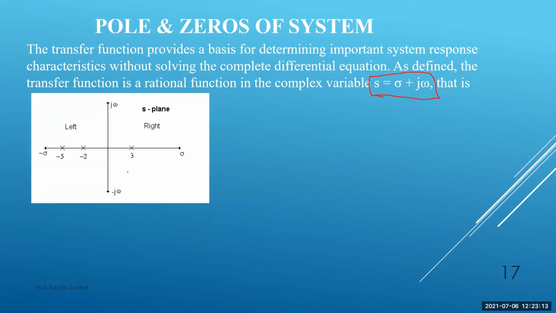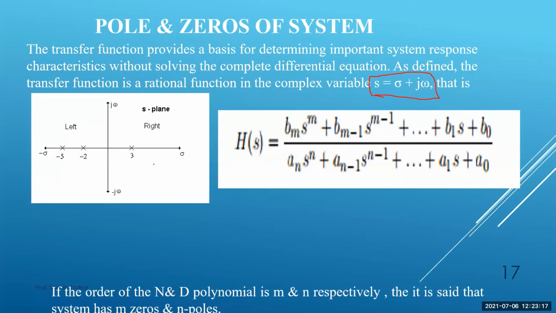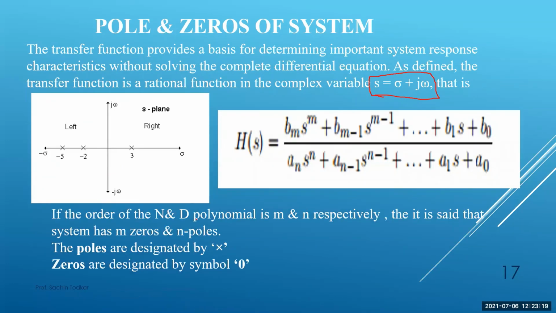If the order of the numerator and denominator polynomial is m and n respectively, then it is said to have m zeros and n poles. The poles are designated by a cross and zeros are designated by a zero symbol.